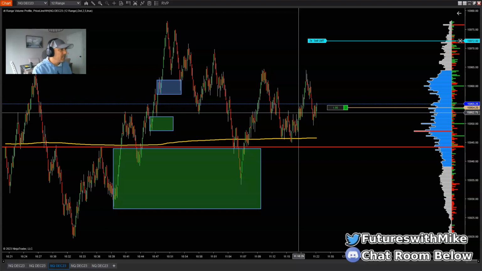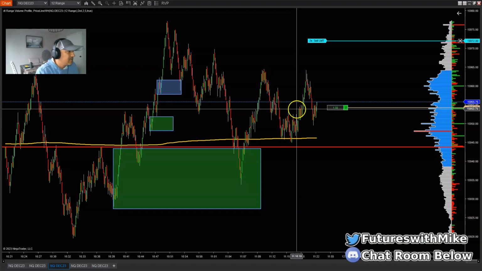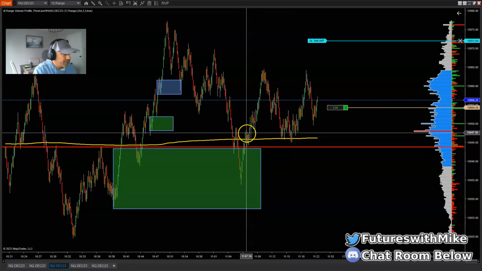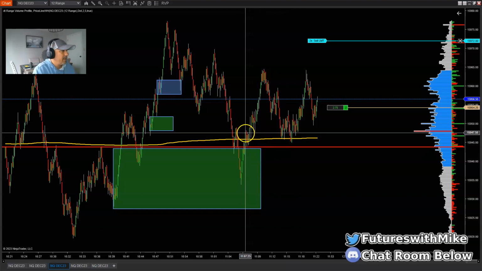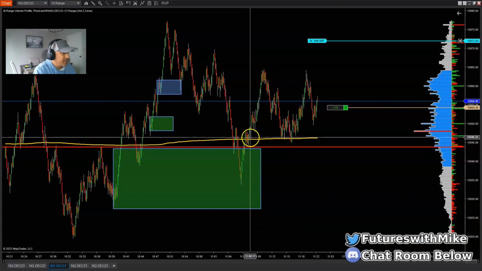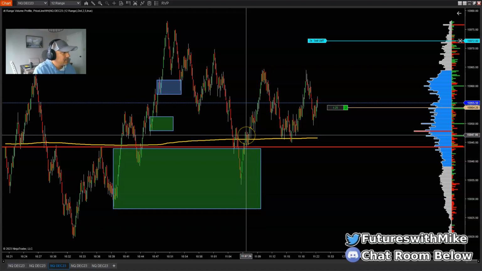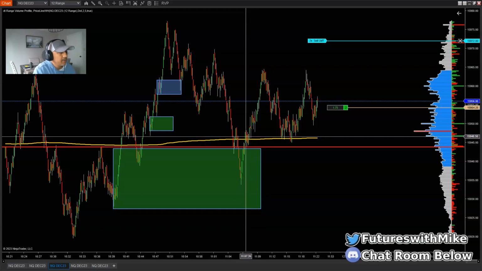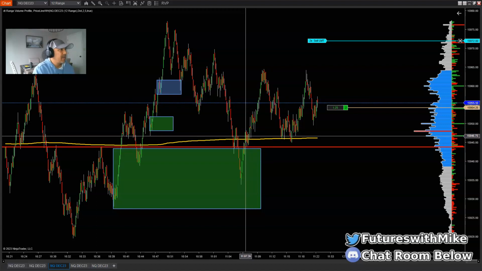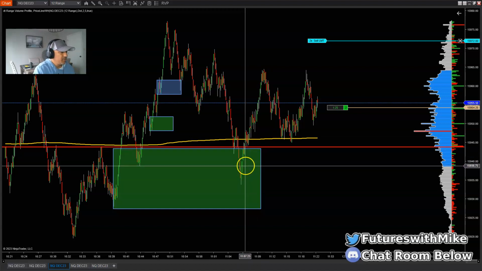This is more of a riskier trade for me because this was not an untested area, it's already been tested.